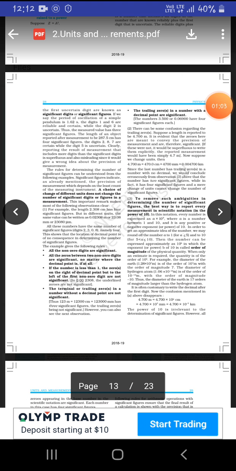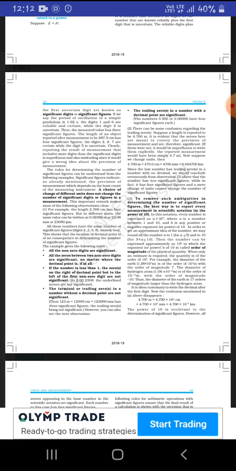So the first rule: all non-zero digits are significant. The zeros in the middle of two non-zero digits, like 909, are also significant. For a number less than 1, the zeros to the right of the decimal point but to the left of the first non-zero digit are not significant.